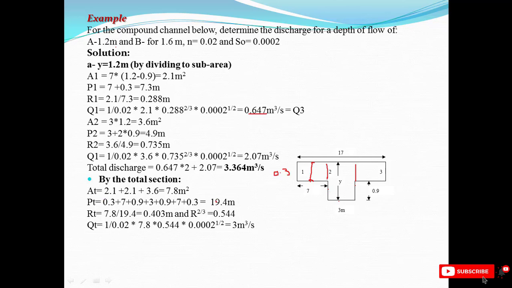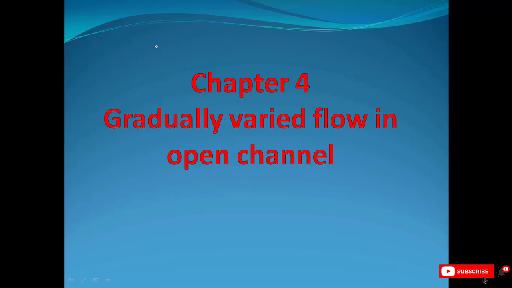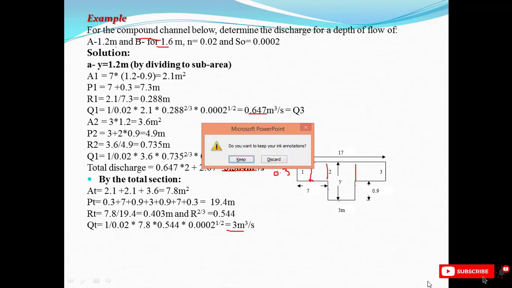P total, R total is A over total P. Just apply the equation and find Q total, which is equal to 3 meter cubed per second. We have some difference. Okay. For part B, you can solve it the same way. Just y is changed. Okay. Thanks for your attention.